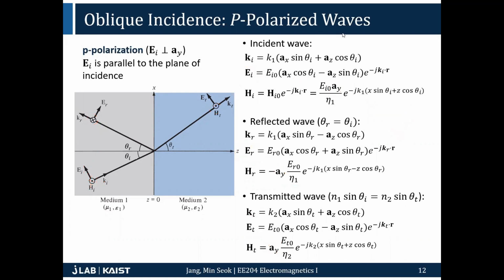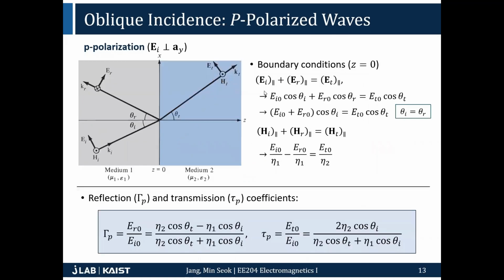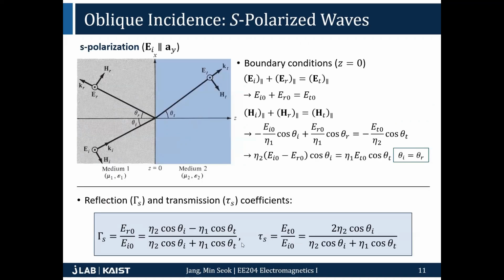So then what? Then we solve again, applying these two boundary conditions. And then you can solve for the reflection coefficient and transmission coefficient. If you compare the S case and the P case, they look similar, but actually they are a little different. If you look here, eta 2 cosine theta_i, eta 1 cosine theta_t.